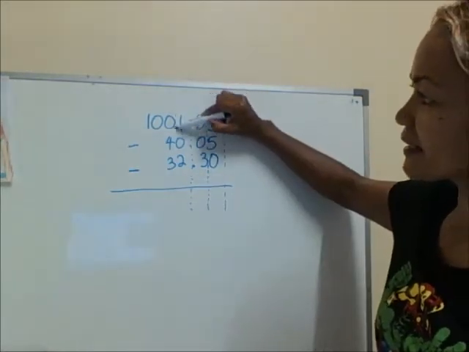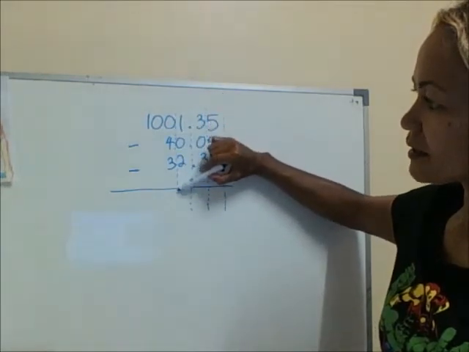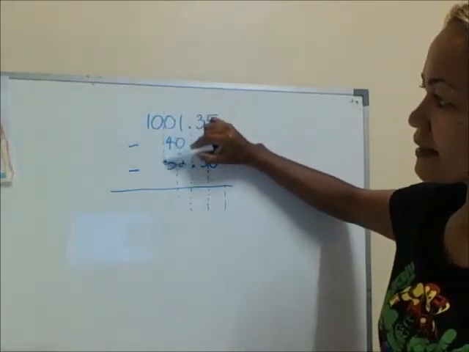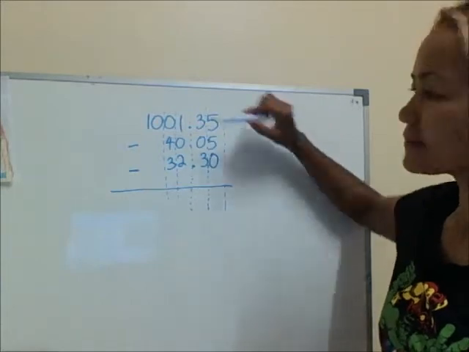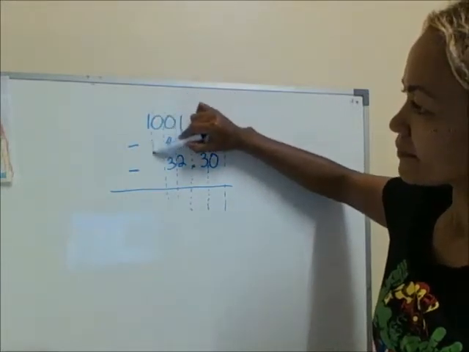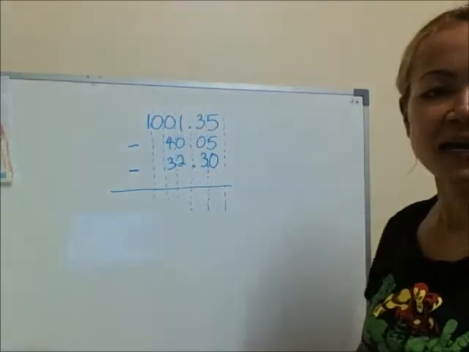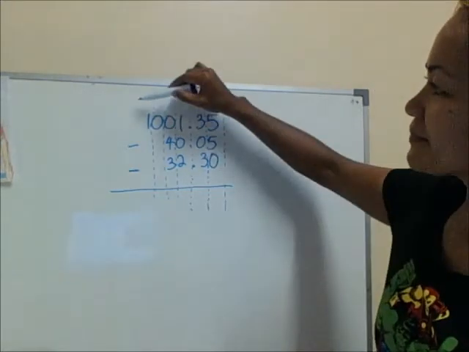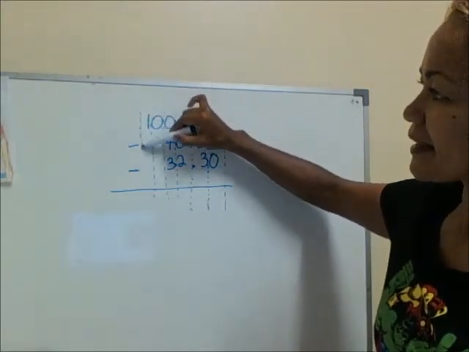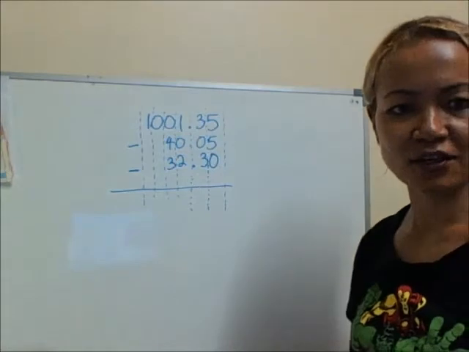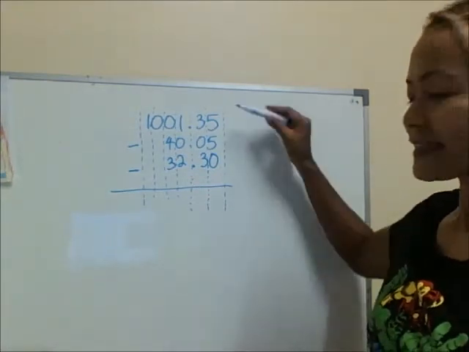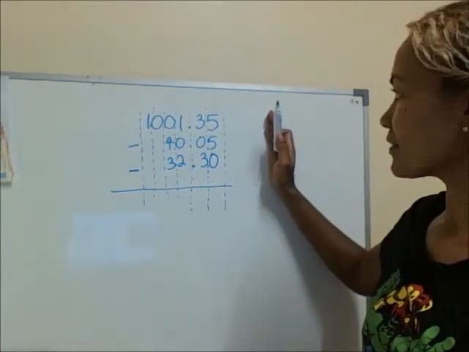And over here, the ones column, tens column, hundreds column, and the thousands column. Okay, let's start on the far right.